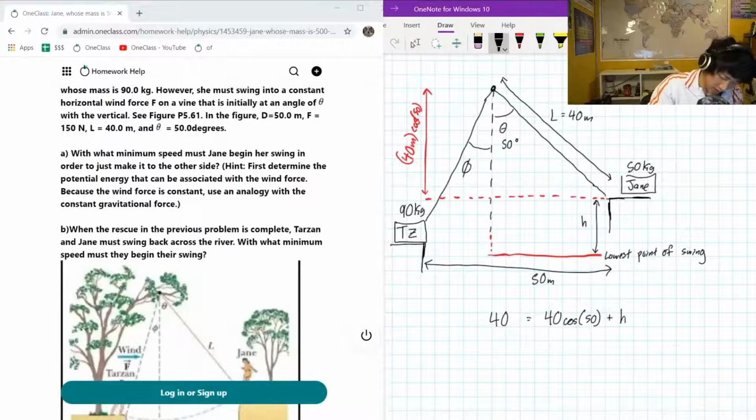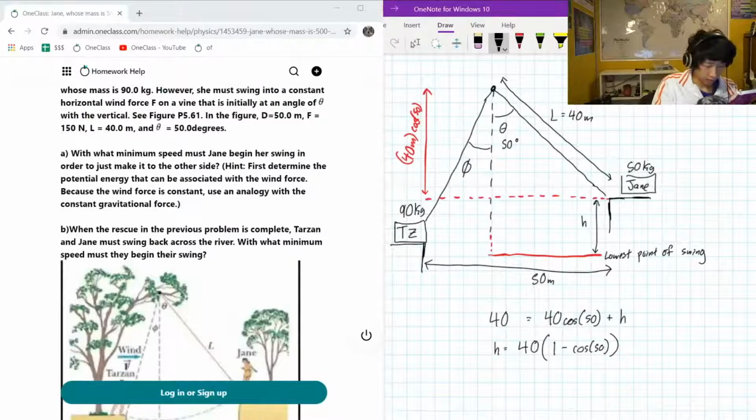Plus h. Okay, so isolating for h, we're going to have h is equal to 40, factoring out the 40, times 1 minus cos 50 degrees.